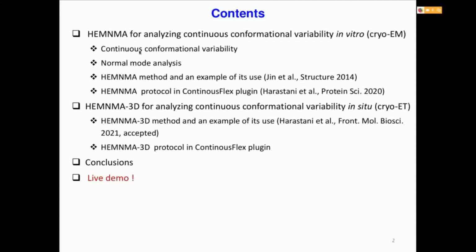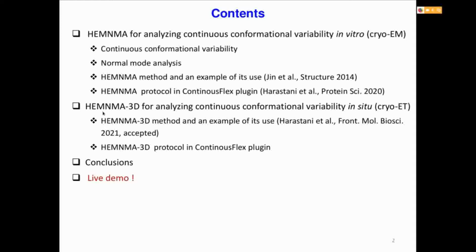It is for analyzing continuous conformational variability in vitro. So I will briefly introduce the problem, and it is based on normal mode analysis, so you will hear about the method of normal mode analysis. Then I will describe the method very briefly and show one example of its use, and then the protocol, how it looks in Scipion today.